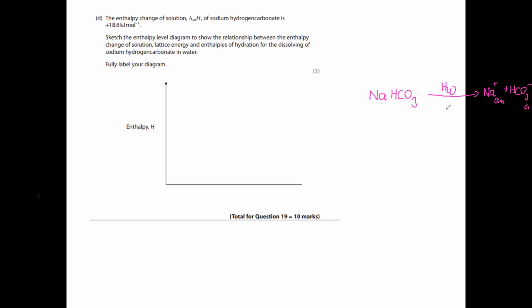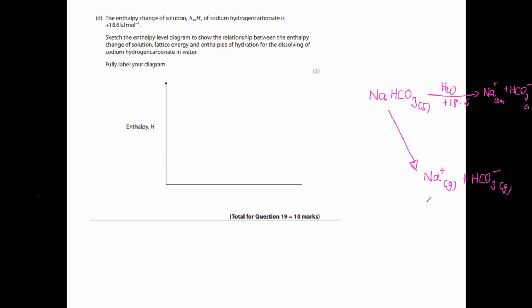So this enthalpy change is given as plus 18.6. How does it happen? First you have to break this lattice. This solid ionic lattice, you have to break it, forming sodium plus gaseous ion and HCO3 minus gaseous ion.